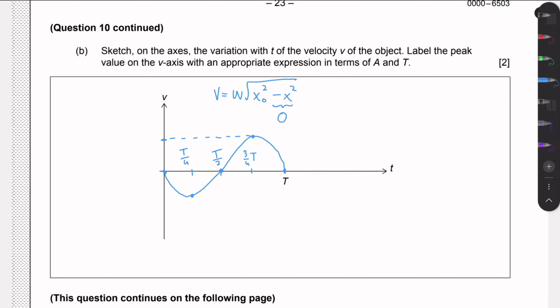But when x is 0, we have a maximum velocity, and that's what we want. So our v max is just equal to omega times x0. We know omega is 2 pi over T, and our maximum displacement is the amplitude, and we want to write it in terms of A and T. So this will be 2 pi over T times A.